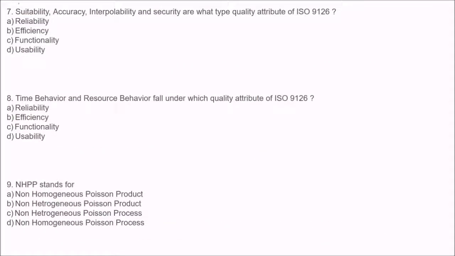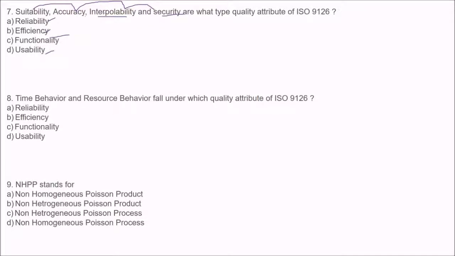Now the next is suitability, accuracy, interoperability, and security. These are what type of quality attributes of ISO 9126? Is it reliability, efficiency, functionality, or usability?